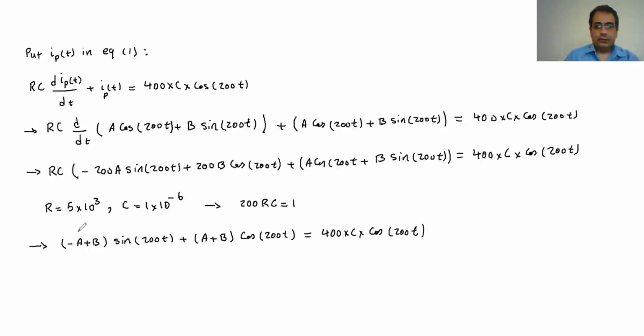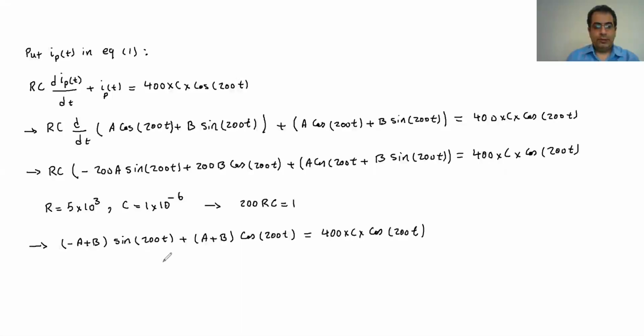If you look at this equation, I have the sine term on the left side. I don't have any sine term on the right side. So this sine term should be 0 in order to have the equivalence between these two.